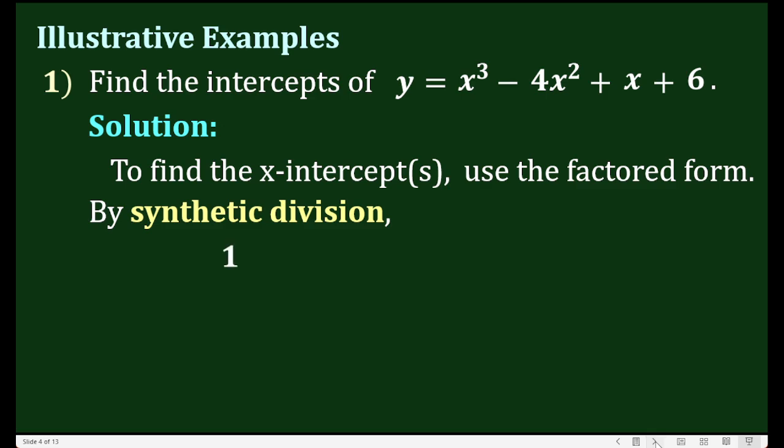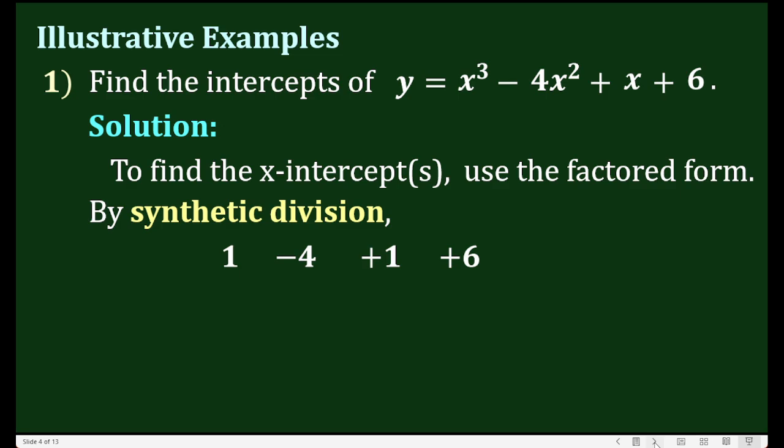Here we are going to consider all the coefficients from this expression, including the constant term. These are 1, negative 4, plus 1 taken from x. Again, 1 is taken from the coefficient of the first term, negative 4 from this term, then positive 1 from x, and the constant term positive 6.